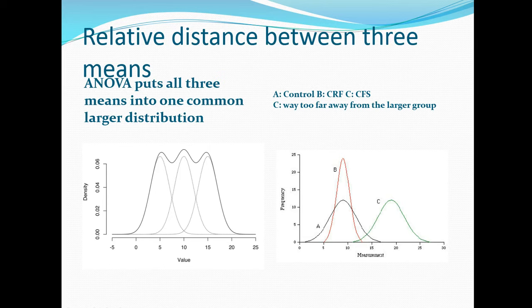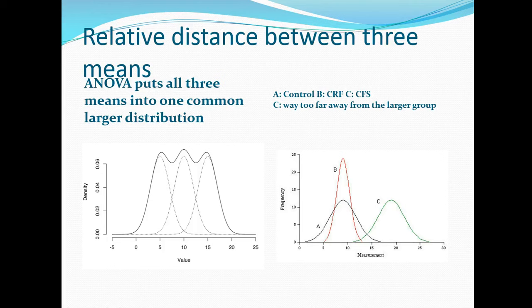On the graph on your right side, what it shows you then is that it looks like the mean of the C sample, or the third sample that's under the notation of C, is too far away from the larger group.